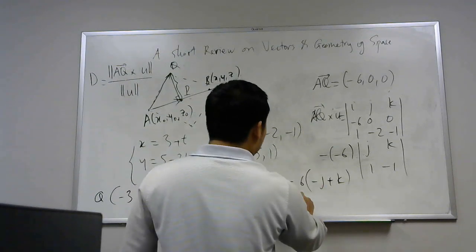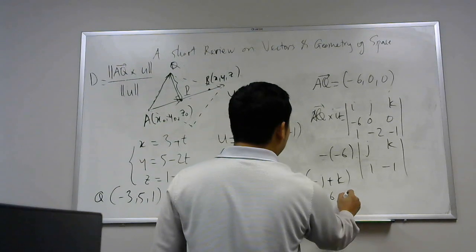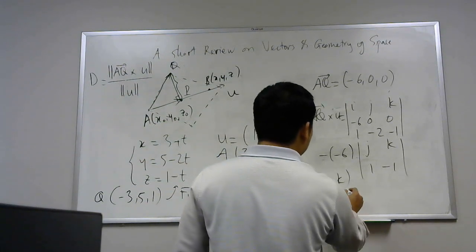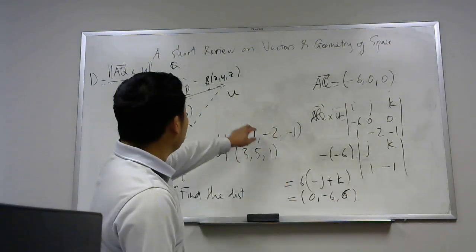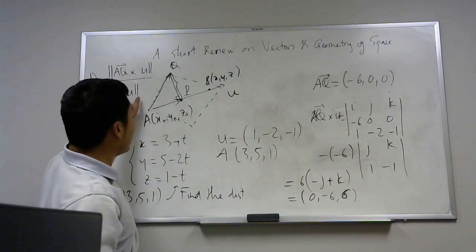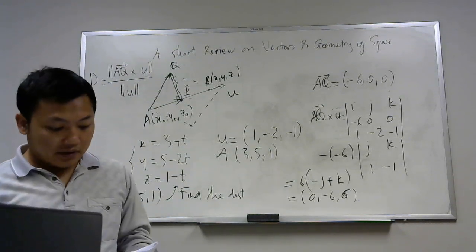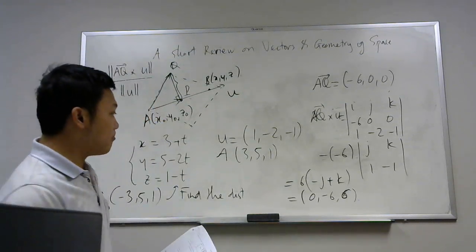So I can rewrite this vector in the form (0, -6, 6). Once you have this vector, you can find the norm of the cross product, and you divide by the norm of u, and you are done. I think the rest you can finish yourself.